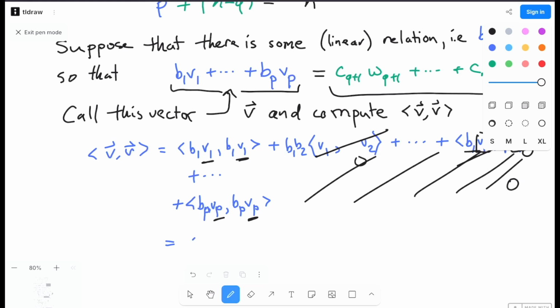So we get the only surviving terms are b1 squared, v1 v1, plus bp squared, vp vp. But again, not only was it orthogonal, but it was orthonormal. So this is 1.